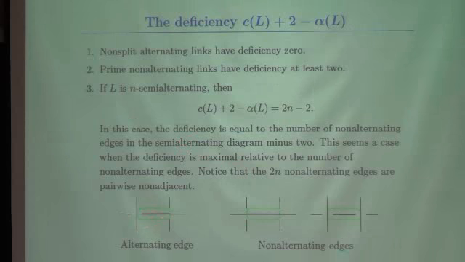Okay. So in a diagram, the arc between two adjacent crossings is called alternating if it goes like this, and non-alternating if they are both overcrossing or both undercrossing. Okay.